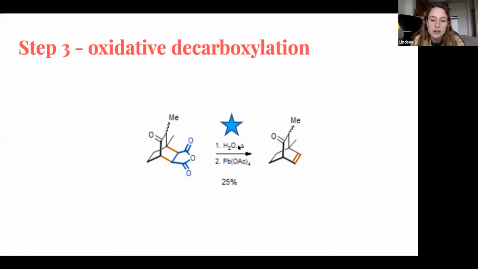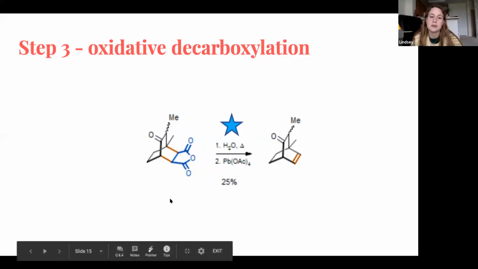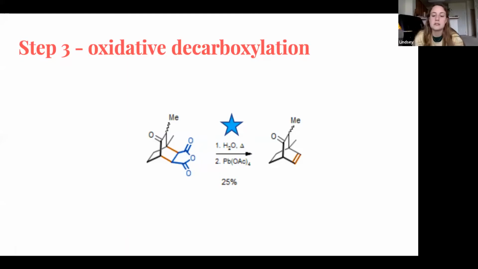In step one, you basically just heat it with a bunch of water, and we think it forms two carboxylic acids, like right here. And then the Pb(OAc)4 basically removes those carboxylic acids and turns them into two CO2s, with CO2 as the leaving groups.